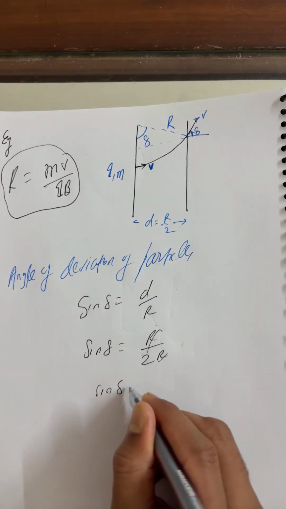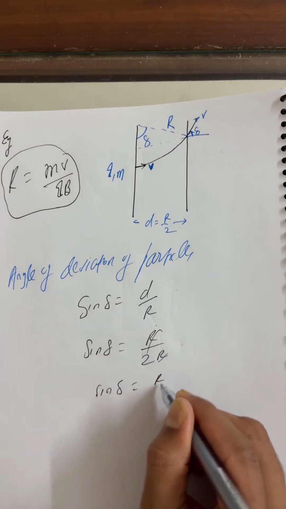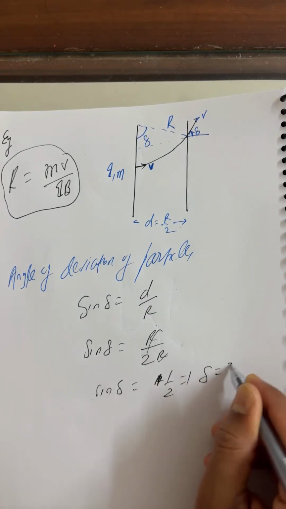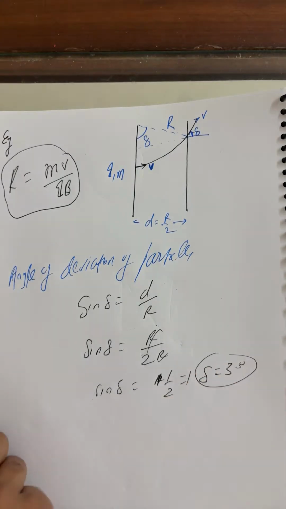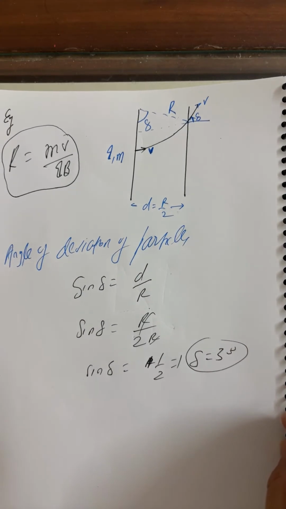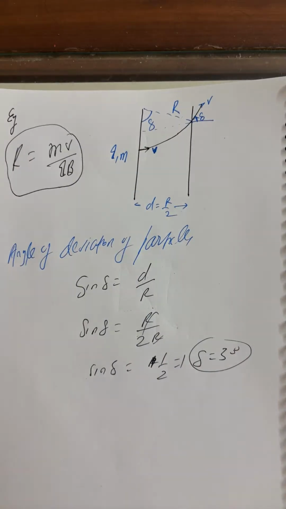So sine of the deviation is equal to 1 by 2. This implies the angle of deviation is equal to 30 degrees, beta.